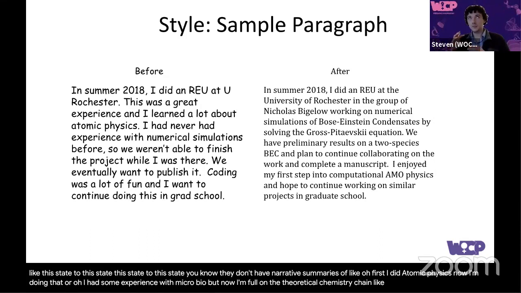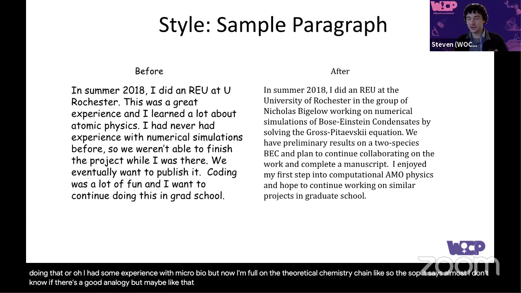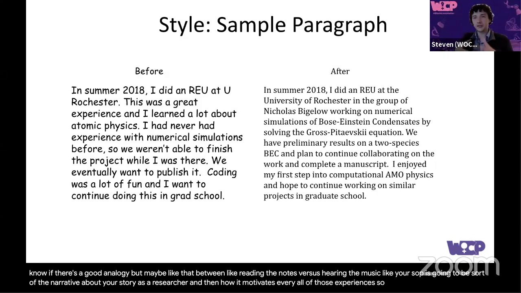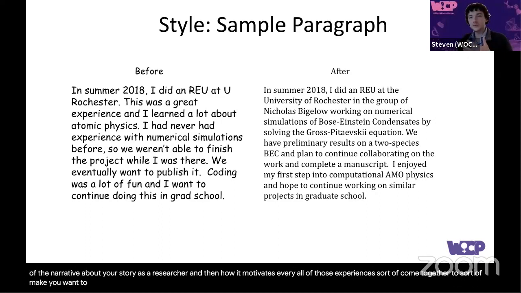I don't know if this is a good analogy, but it's maybe like the difference between reading the notes versus hearing the music. Your SOP is going to be the narrative about your story as a researcher, and how all of those experiences come together to make you want to go to graduate school.